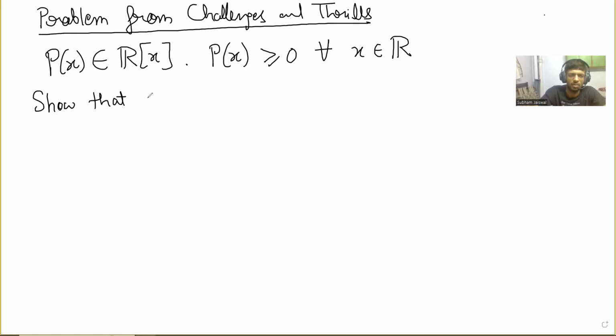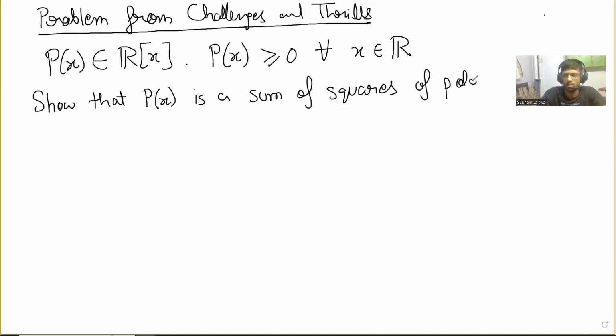Okay. So show that P(x) is a sum of squares.